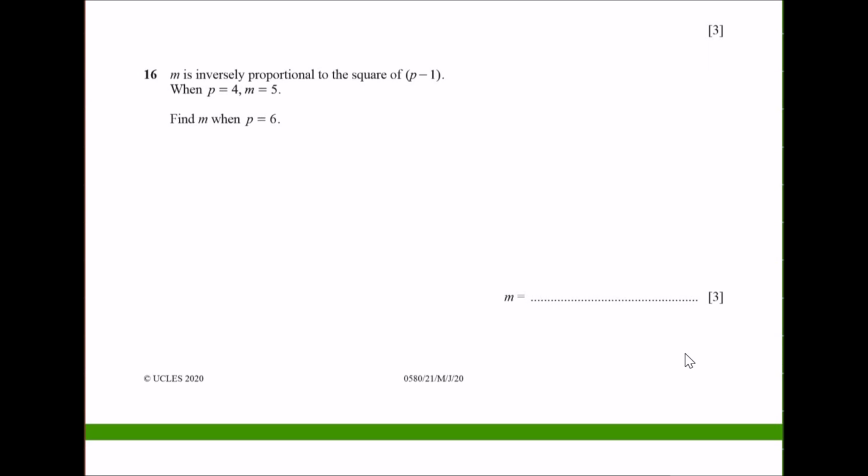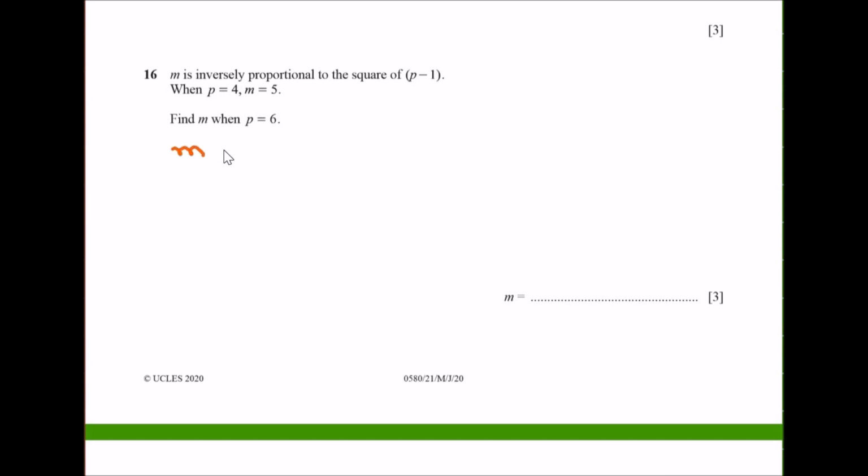Now question number 16. M is inversely proportional to the square of P minus 1. When P equal to 4 and M equal to 5, find M when P equal to 6. So first of all, we need to set up the equation for inversely proportional.